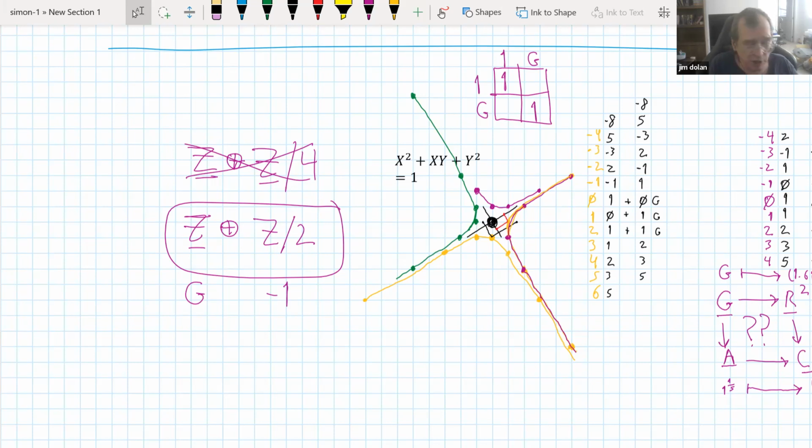One of the first questions you can ask about this field, well, first of all, think of it as a number ring. We said as a field, it's generated by the square root of 5, but as a number ring, that's not good enough.